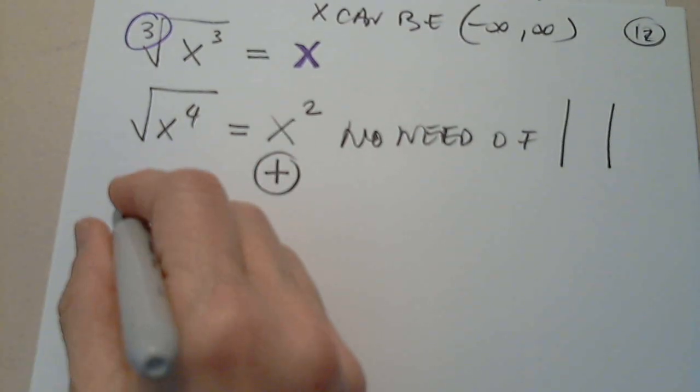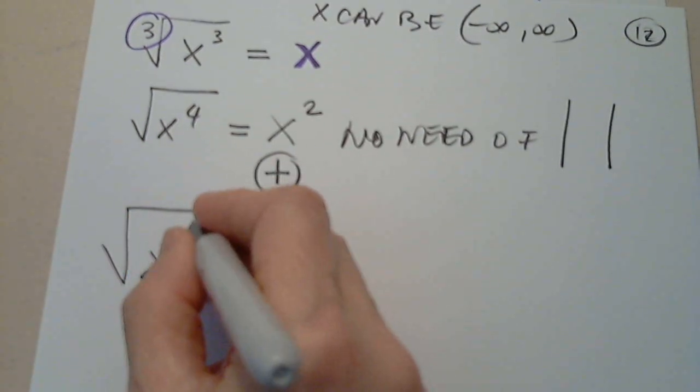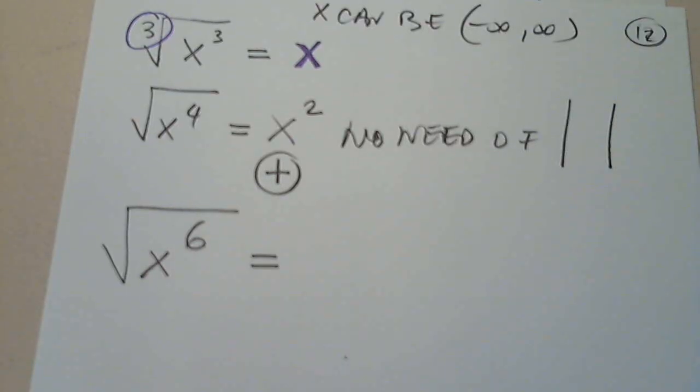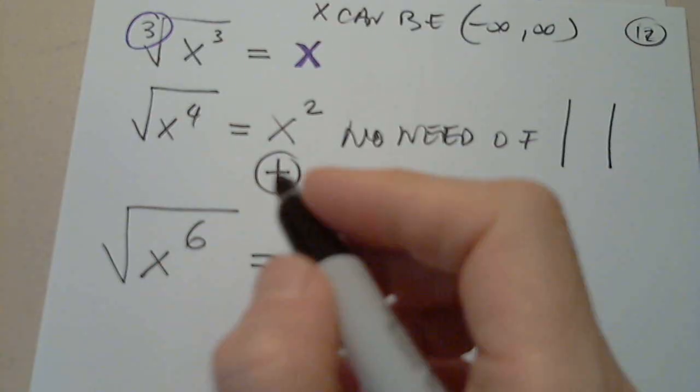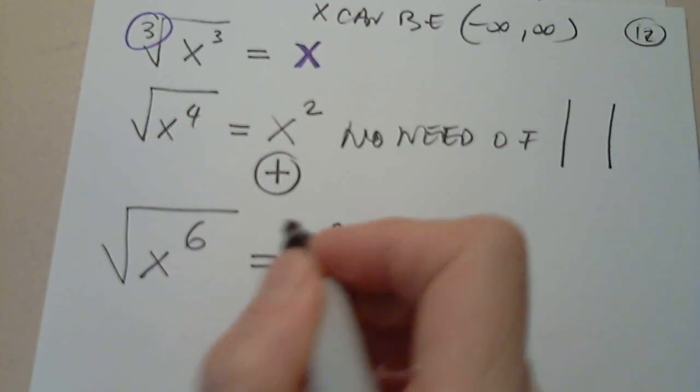Good. What about the square root of x to the sixth? X to the third. With or without absolute value?